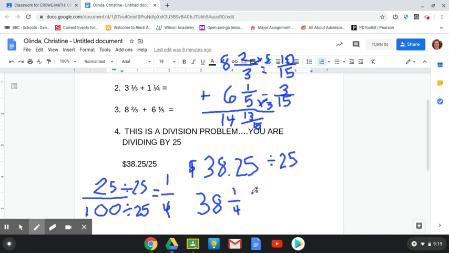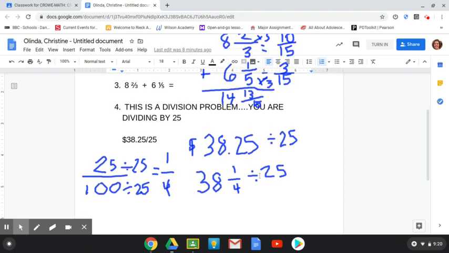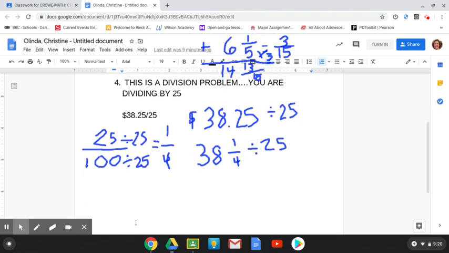And then I have to divide still by 25. Let me move my paper up. All right. Now I need to change a mixed number to an improper fraction. 4 times 38.